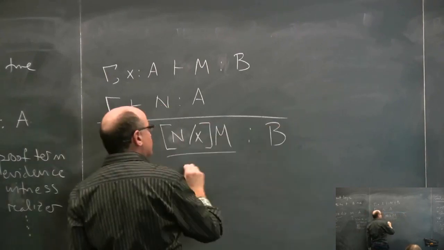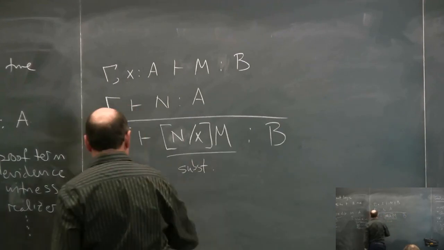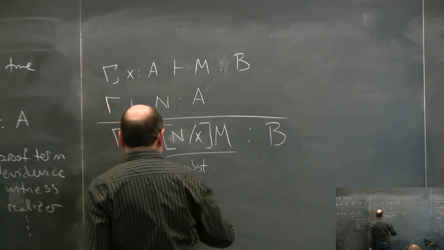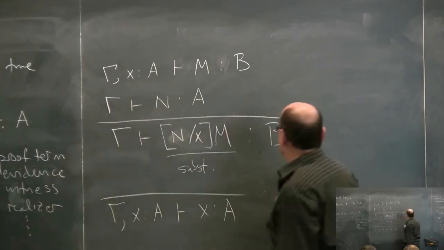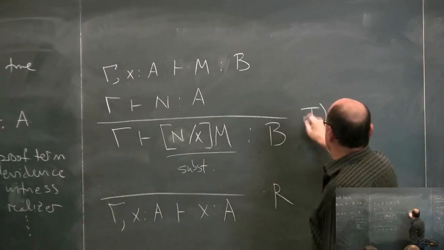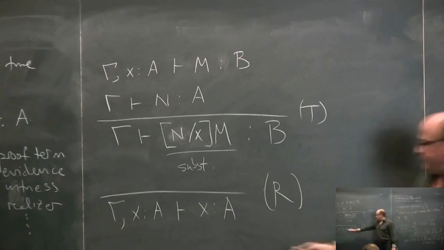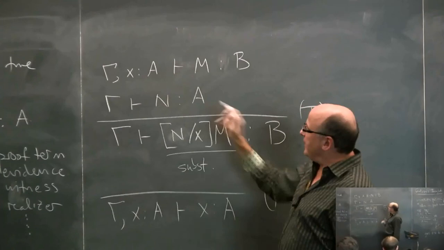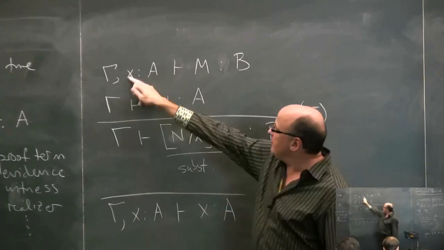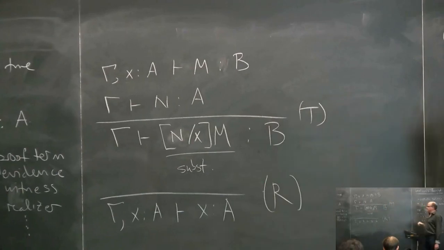And then we also have the reflexivity principle, the variable rule. This is reflexivity, this is transitivity. If you have a variable, you can use it. If you've introduced a variable, you can use it. If you have a variable and you can provide a proof term for it, a lemma if you will, then I can inline the lemma and do substitution.